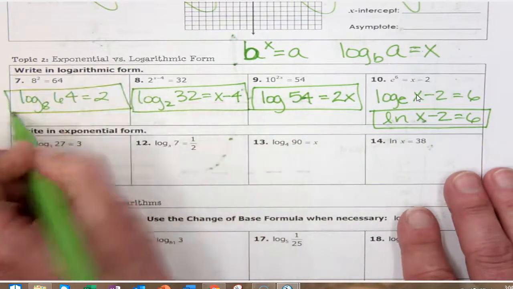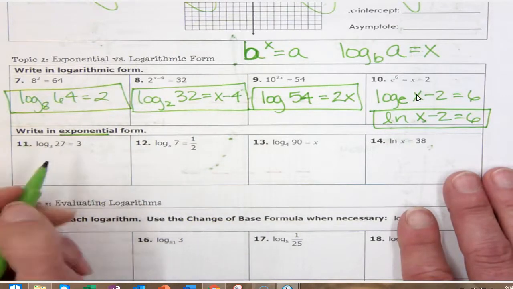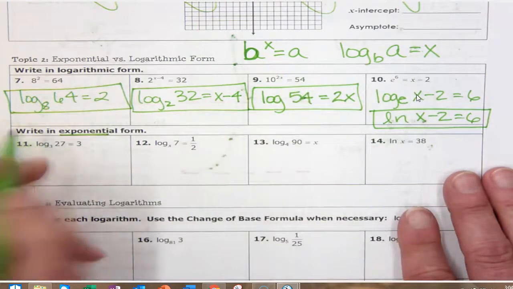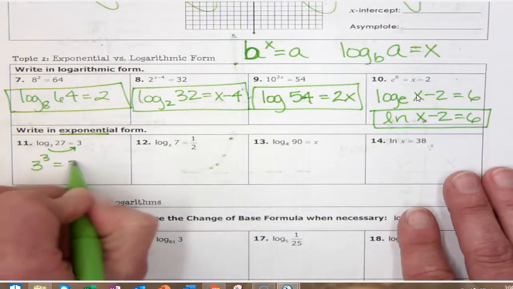So there you go. Now in exponential form, I'm changing them back to exponents, going from log form to exponent form. So 3 raised to the third power equals 27.